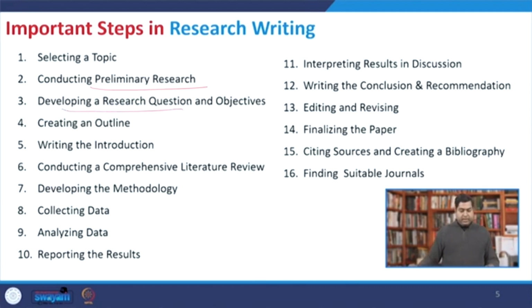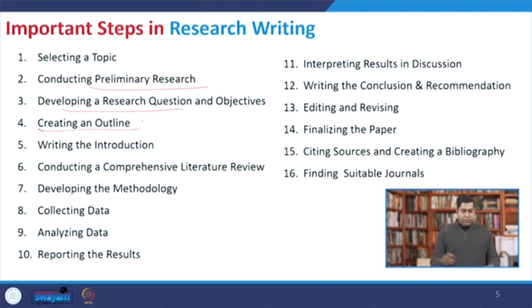After identifying the gap, you also have to develop the research questions that we discussed in the other lecture, which you will answer through your objectives, through your overall methodology and the methods.